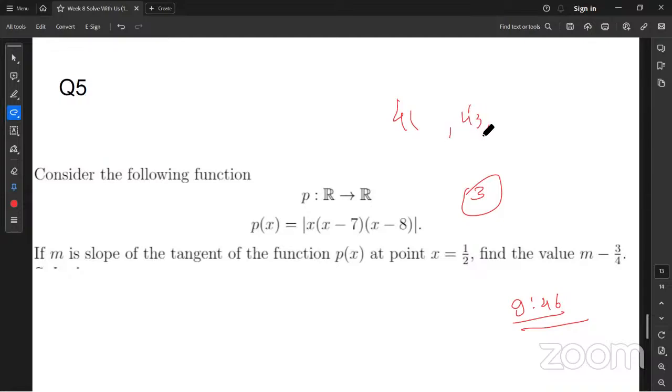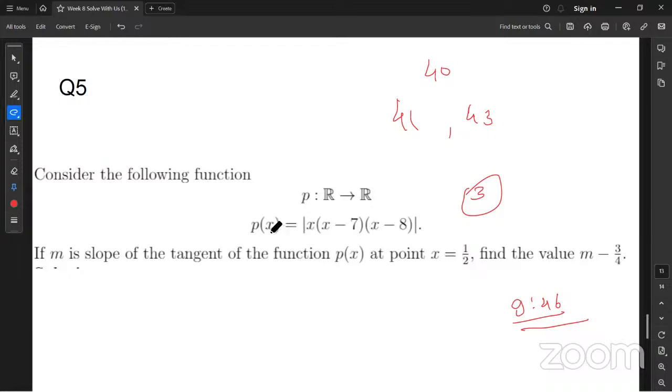Okay, any other number you want to say? 40, sir. Someone is saying 40. Nice. 40, 41, 43. Any other number? Okay, fine. Let's see how we will solve it.